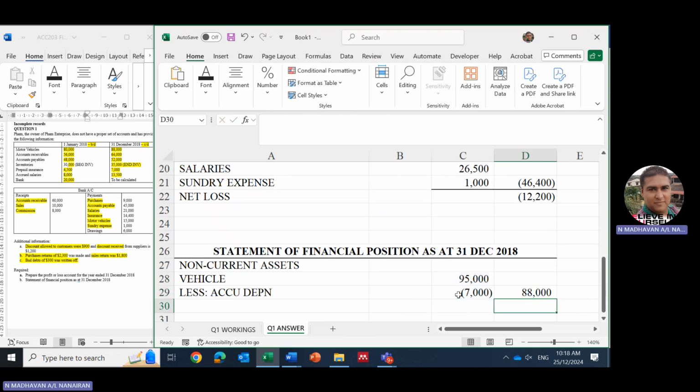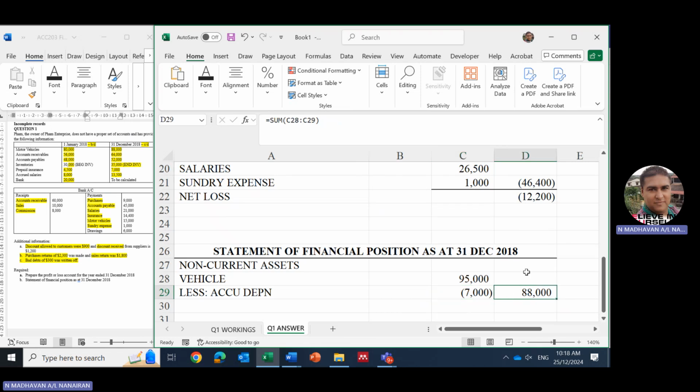Okay? Now, let me ask you something. Can you write motor vehicle 88 straight? The balance sheet will balance, but you don't get full marks. Because remember, when you do the balance sheet, you must always put the historical cost. The historical cost must be there, and the historical cost must be reduced by the depreciation to show the net book value.